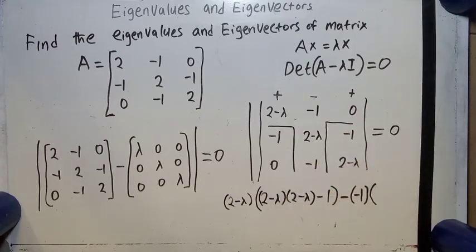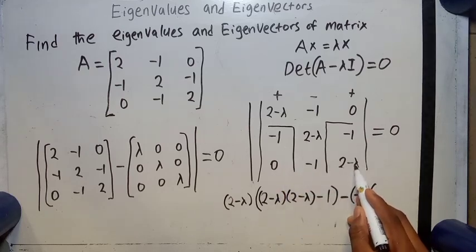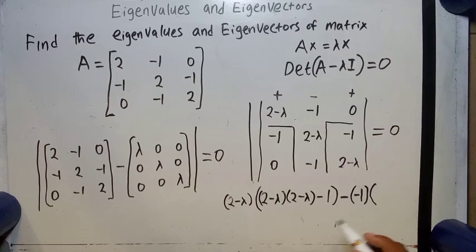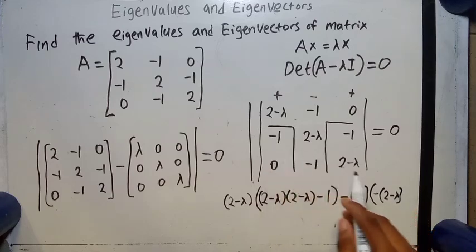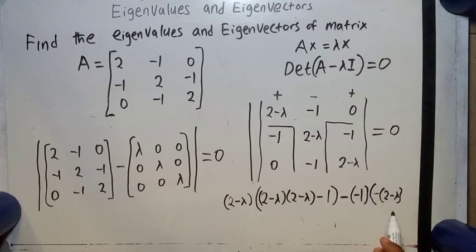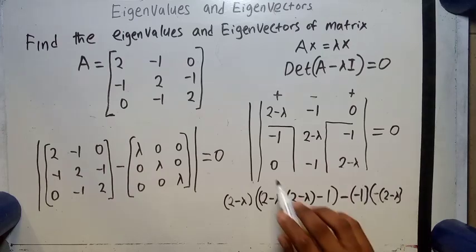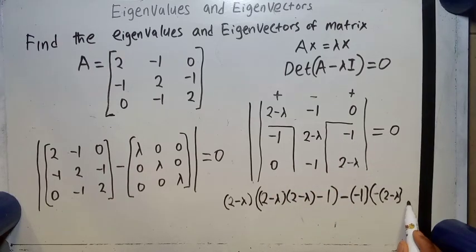Now this times this will give us minus 2 minus lambda. Minus 1 is multiplying this number here. Now 0 times minus 1 will give us 0, so no need for us to write it. You can just close the brackets. If you still want, you can write minus 0, but you know it will still go off.